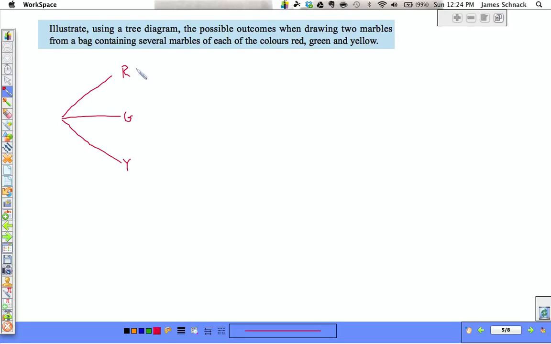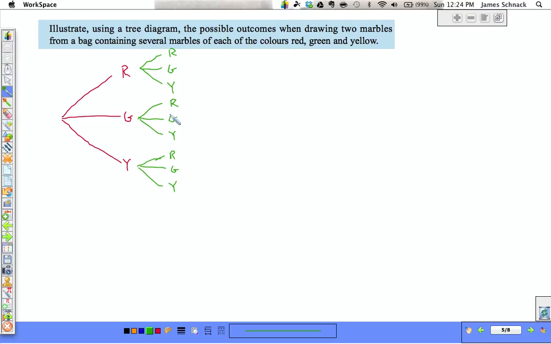And now we're going to pick a second marble, so we're going to create a second event happening. And on that second event, we could get red, green, or yellow. And we have to add this second event after each possible outcome from the first event. Red, green, yellow, red, green, yellow.